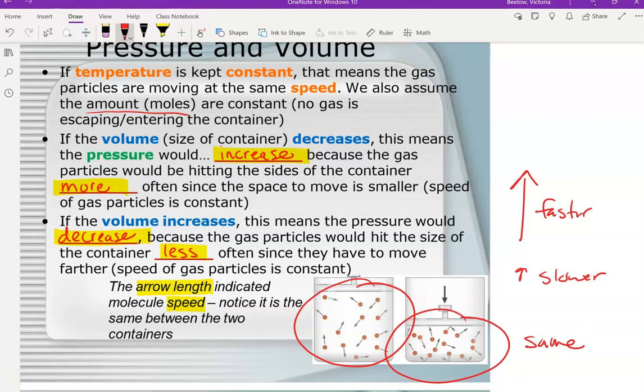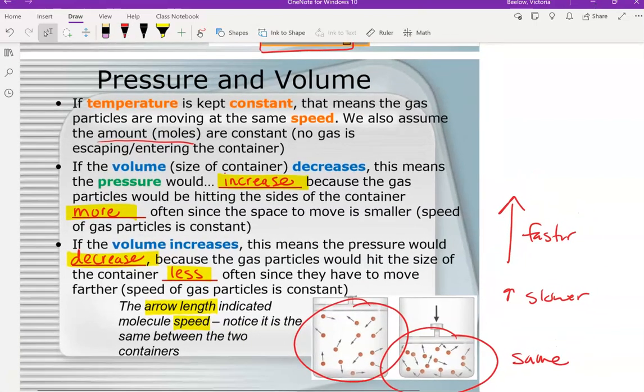So that indicates that the temperature is the same between these two containers because the molecules are moving at the same rate. In this case, the one on the left has more space for the molecules to move around, so it would have a higher volume and a smaller pressure, versus the one on the right would have a smaller volume but a higher pressure.